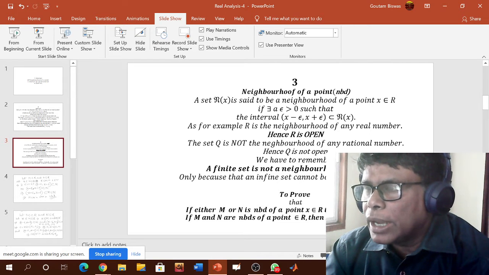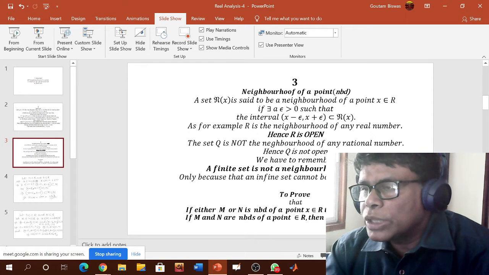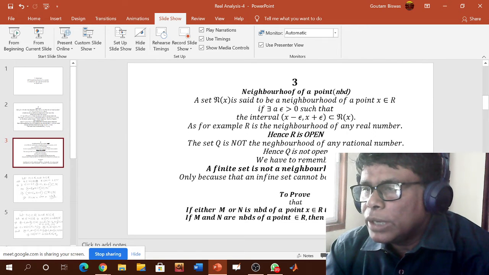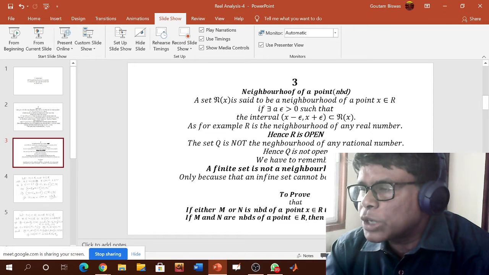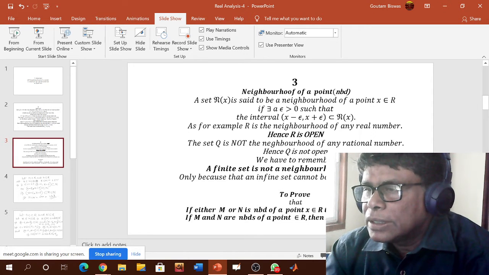So you cannot get such an interval around every rational number. Okay, so in that way, Q is not an open set. Now, a finite set is not the neighborhood of any set. Remember this fact, only because an infinite set cannot be a subset of a finite set.